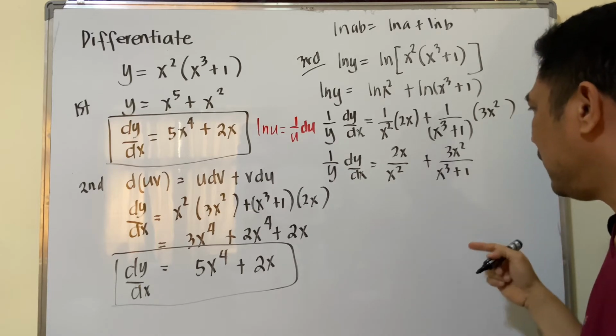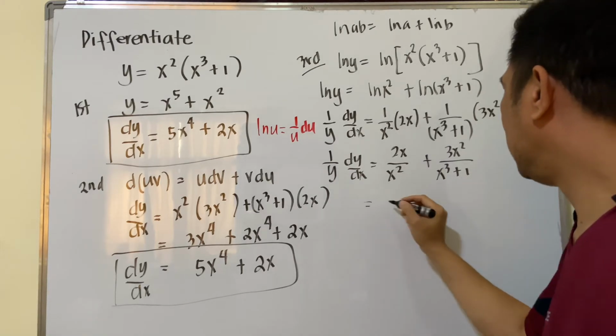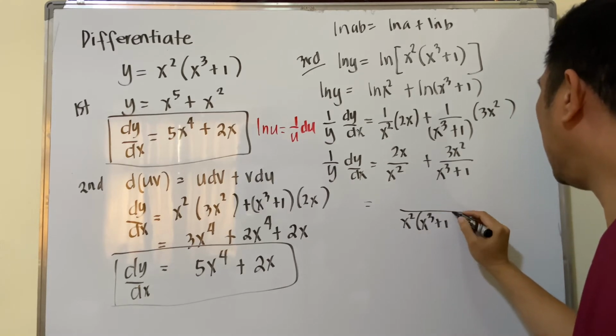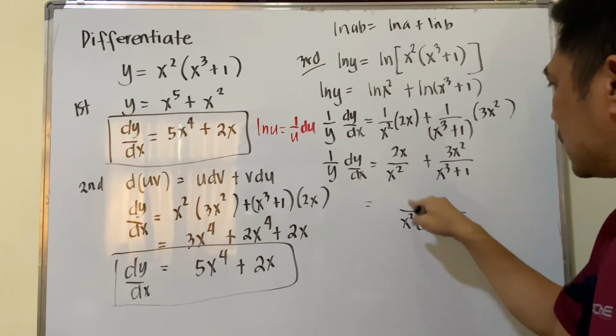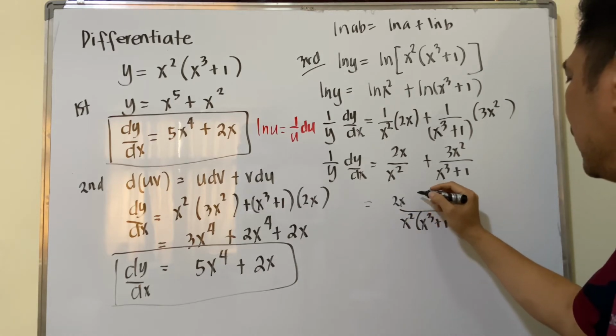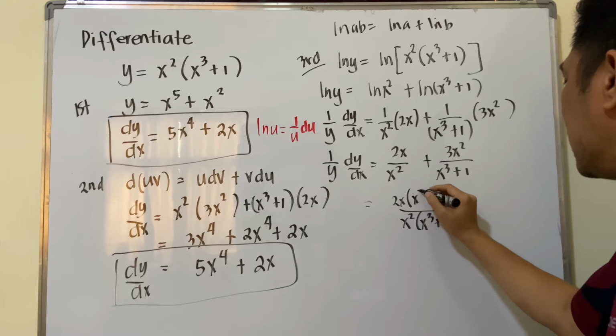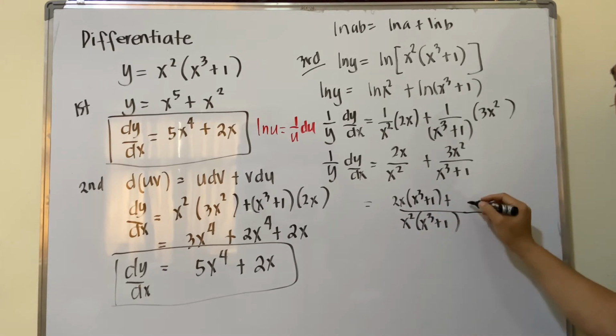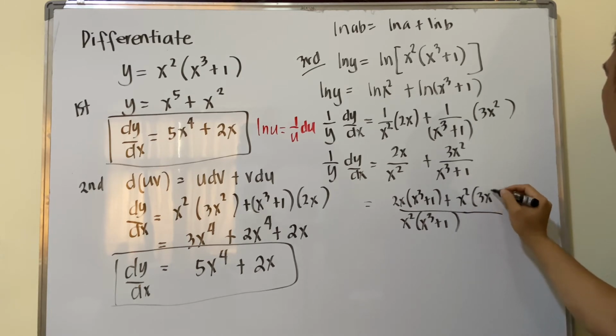If we simplify this, we have x squared times x cubed plus 1 as the denominator, and in the numerator 2x times x cubed plus 1 plus x squared times 3x squared.